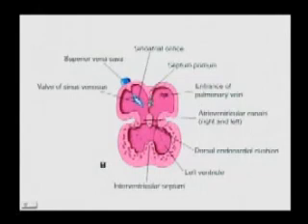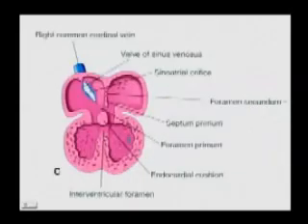And this will undergo changes, so we get the septum secundum and the foramen ovale, and the ostium secundum. We see the endocardial cushion has separated into the atrioventricular canals to the right and the left, and the interventricular septum is beginning to develop so that it will separate the ventricles. As we proceed, then, we see the foramen secundum has developed.